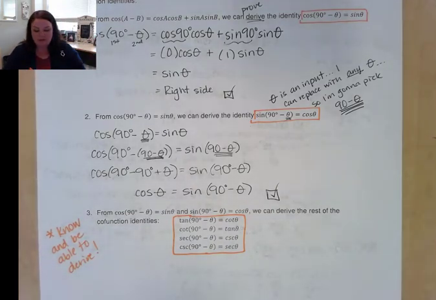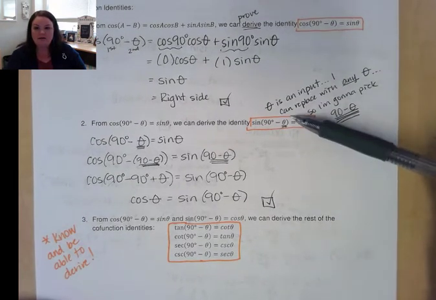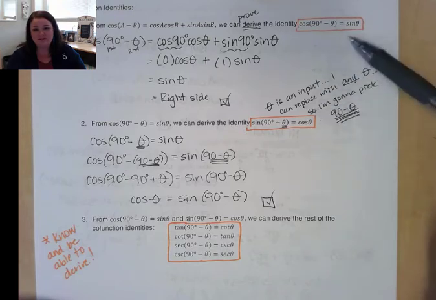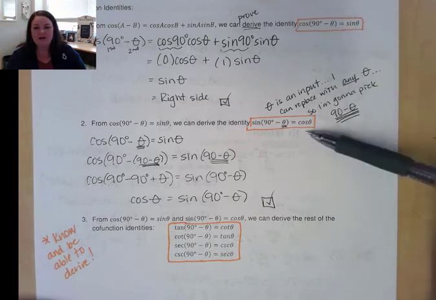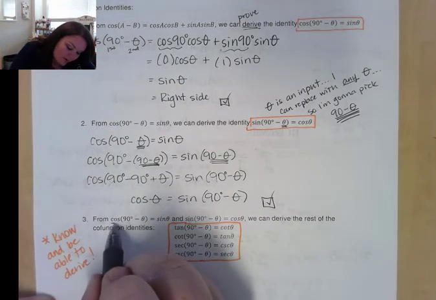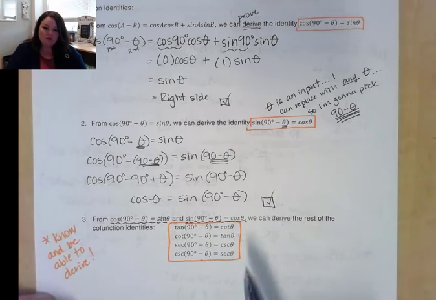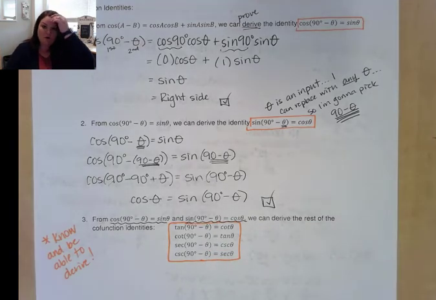So all of the ones that are in orange, so these two that I did, I'm not going to ask you to derive those because I did the hard work on that. But now that you know those two to be true, from this one that I proved and this one that I proved, you should be able to prove these four, okay?